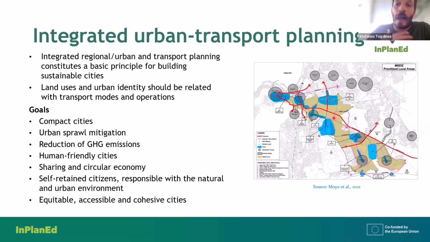For example, if I would like to change my city, I'm not going to change only the land uses and nothing else. I'm going to change the land uses, but taking into account, for example, the metro stations, or a future expansion of the metro system, or even the creation of a metro system from scratch. For example, in Nicosia, there's no subway or metro system.